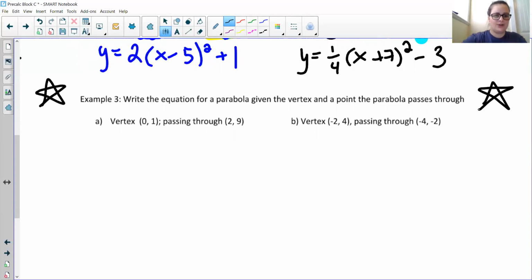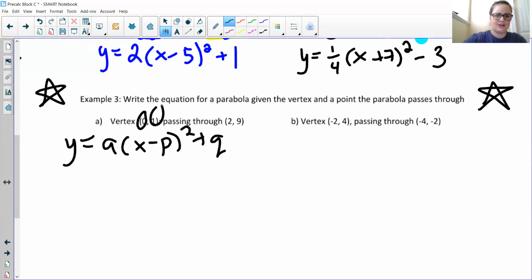So for this one, we're going to do the exact same thing we did before. We're going to have our y equals a times x minus p squared plus q, and we're going to put in our values for our p and q that we get from the vertex. So it's going to be x minus 0 squared plus 1. Okay.